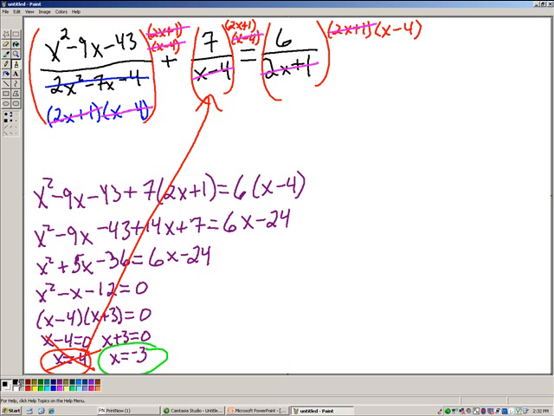That is solving equations with rational expressions. You've done all of it already. Find the common denominator. Sometimes that may involve doing some factoring. Multiply everything by the common denominator, which is simply going to be a bunch of canceling. And then you're going to be left with an equation with no denominators. Distribute, combine like terms. If it's an x squared, solve by factoring. If it's not an x squared, just simply isolate the variable.